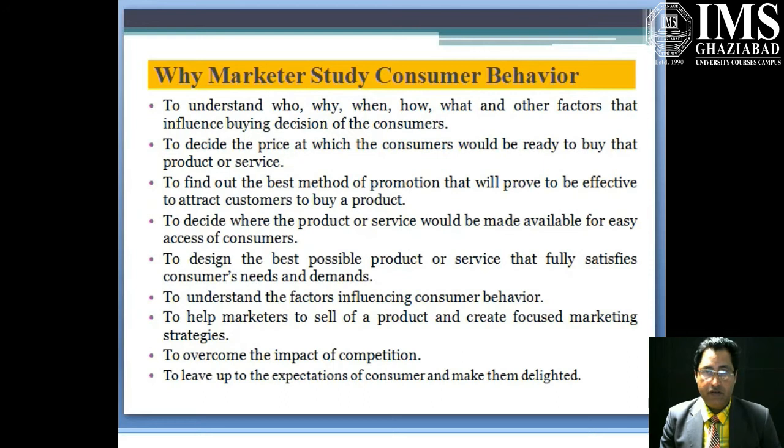Then the next one tells about the occasions, on what occasion your consumer purchases your product. Your consumer may purchase on a daily, weekly, or monthly basis. So when they purchase and how frequently they purchase is also very important.